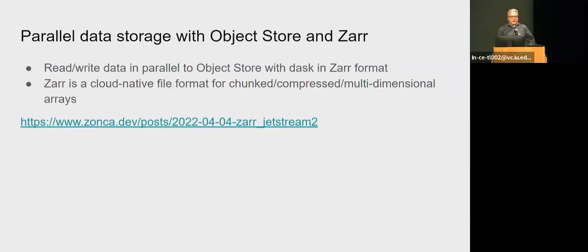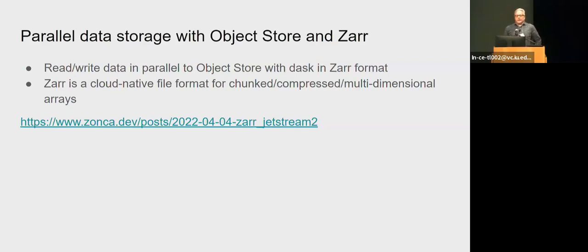One of the other things that we are using, Jetstream2 provides object store, and I've just heard that it's one of the largest open source Ceph object store collections in the country. So in terms of data sets that may be on the order of several terabytes, we actually can point to it just using the object store on Jetstream2.